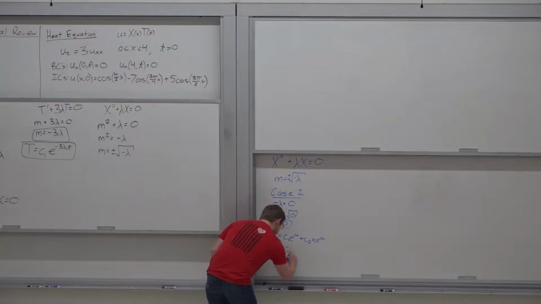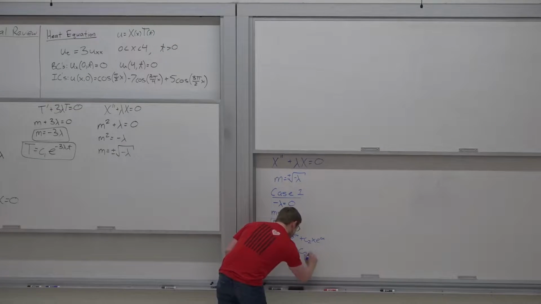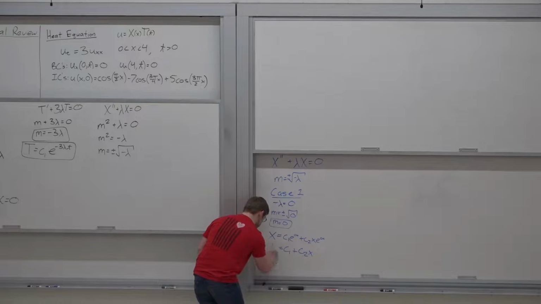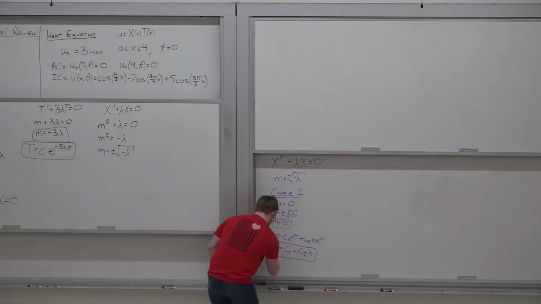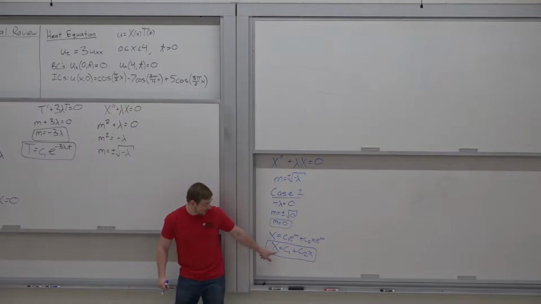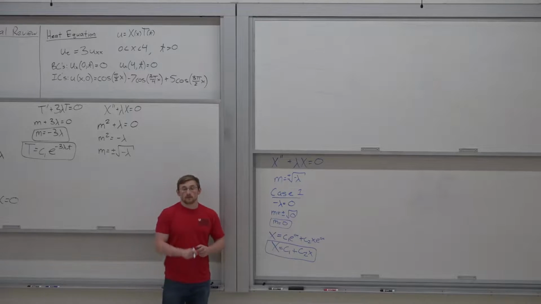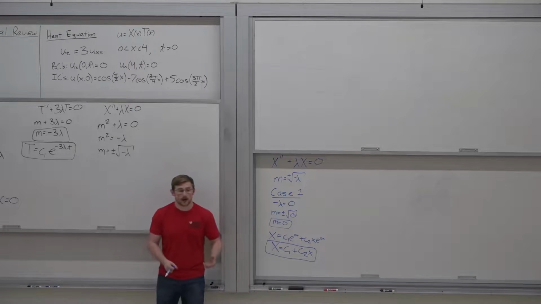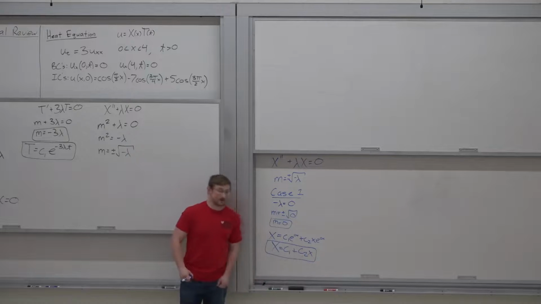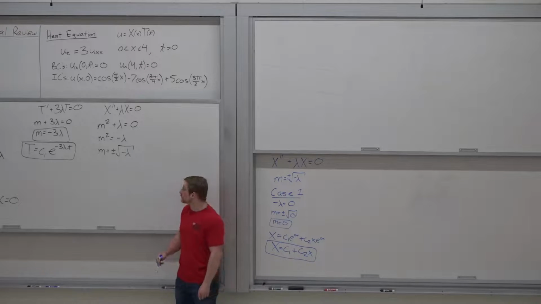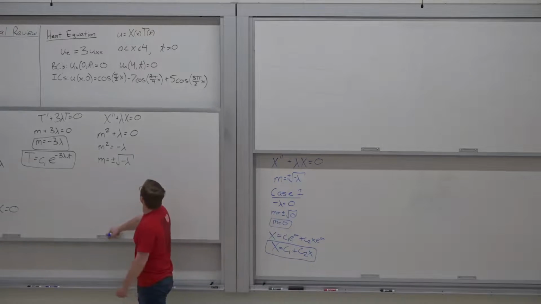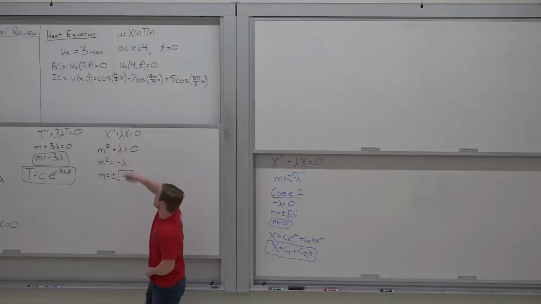So I have capital X is equal to c1 plus c2 lowercase x. Now, what do we do next in our eigenvalue problems? Well, we plug in our boundary conditions in order to find if we can get a solution for that c1 and c2. So now is when we look at the boundary conditions.